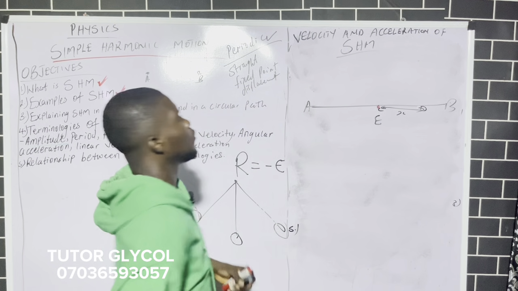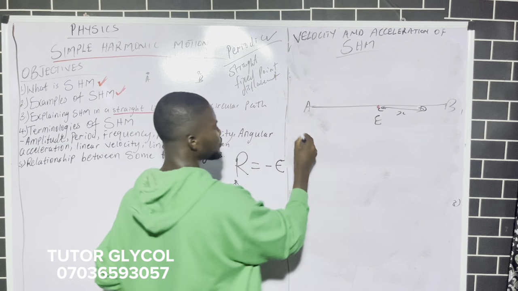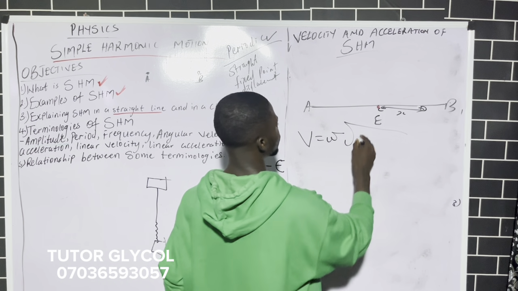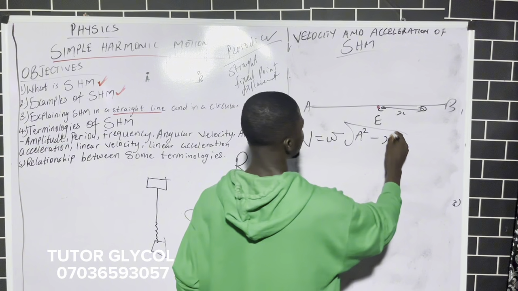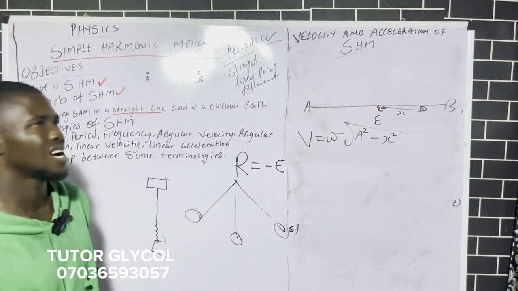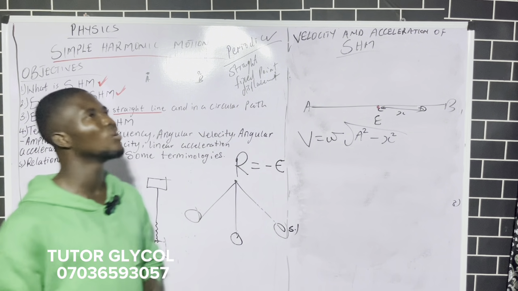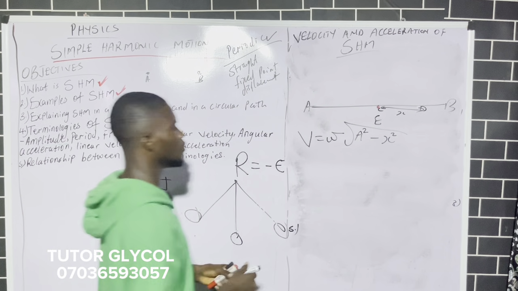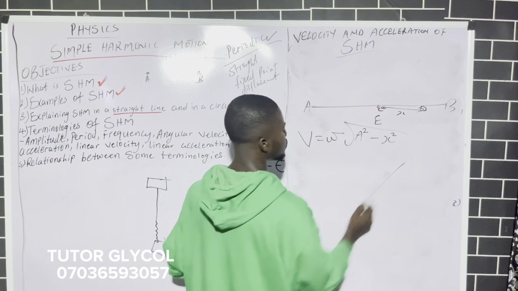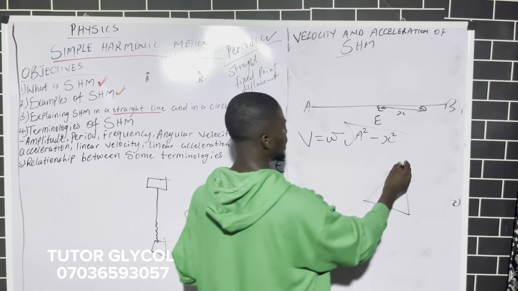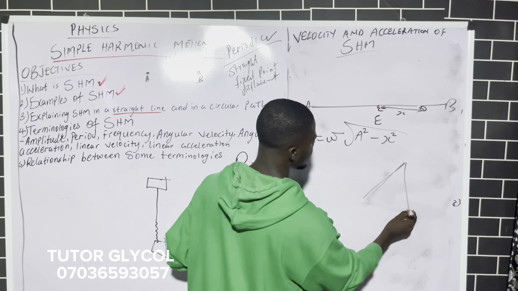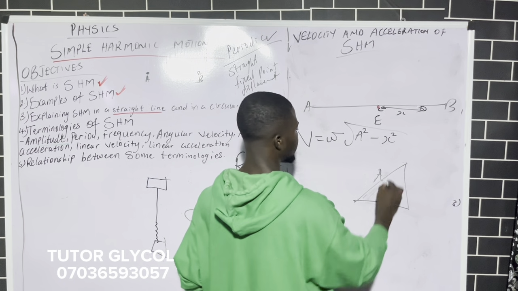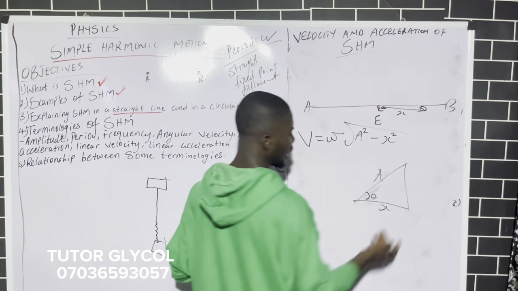So the velocity of simple harmonic motion is given by V is equal to omega root A square minus S square. The derivation of this formula, you actually do not need it, but it's actually gotten from that right angle triangle, from that circular motion, A x theta.